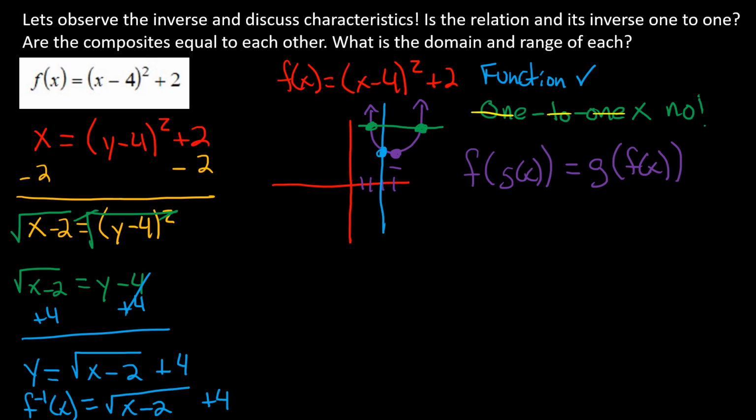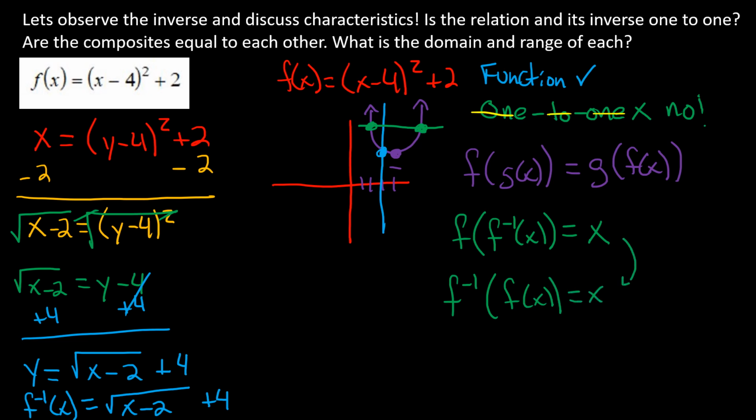And for inverses, what you need to remember is that when you take the inverse of a function and put it inside the original function, you're going to get x. And that works the opposite way as well. If you take the inverse and you put it in the original function and you work it out, you're also going to get x. And these two will always be equal. So we've discussed the inverses, we discussed one-to-one, we talked about the composites.